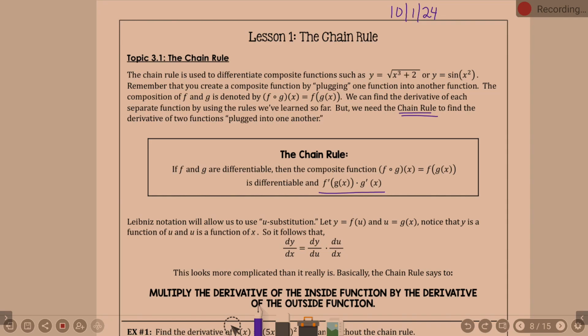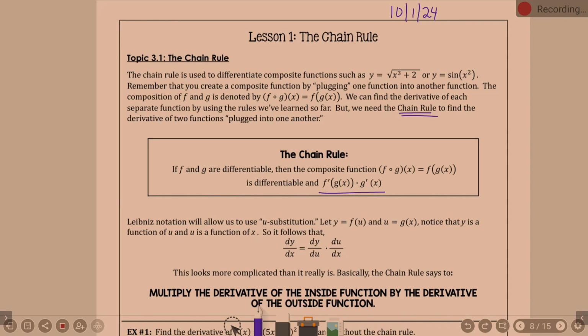Leibniz notation will allow us to use u substitution. Let y equal f of u and u equals g of x. Notice that y is a function of u and u is a function of x. So it follows that dy/dx, the derivative of y with respect to x, is the derivative of y with respect to u times the derivative of u with respect to x.